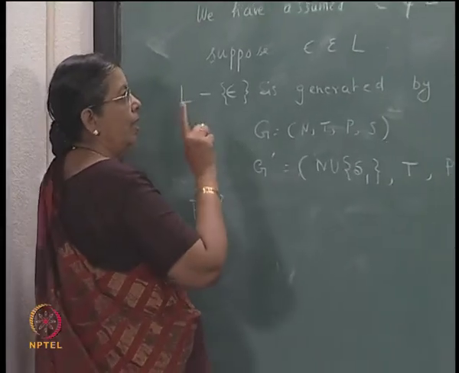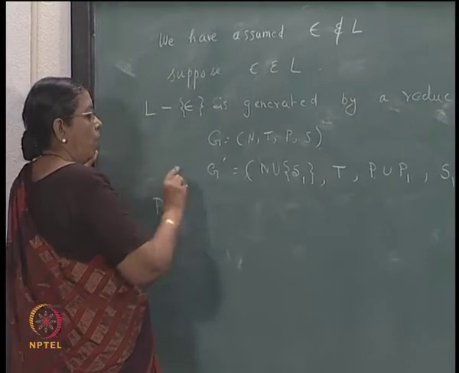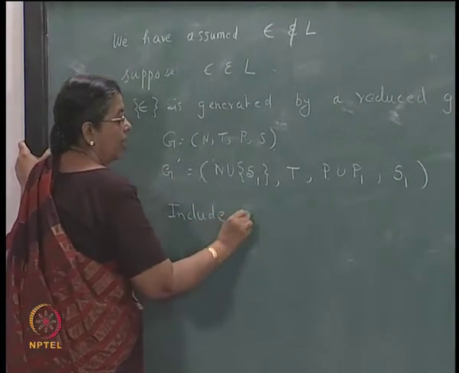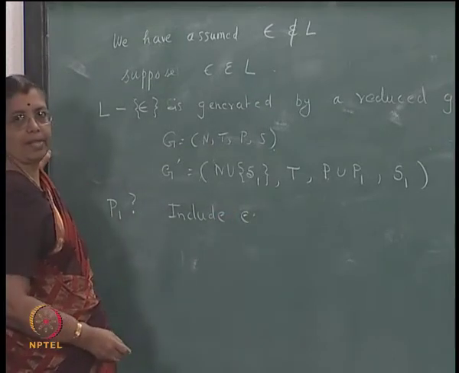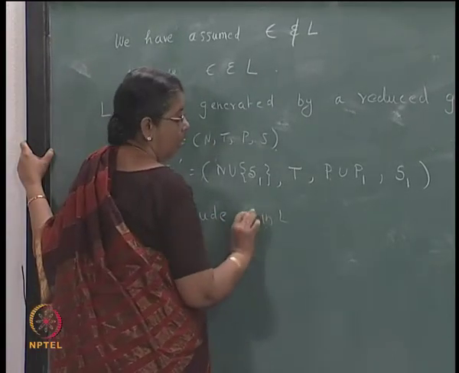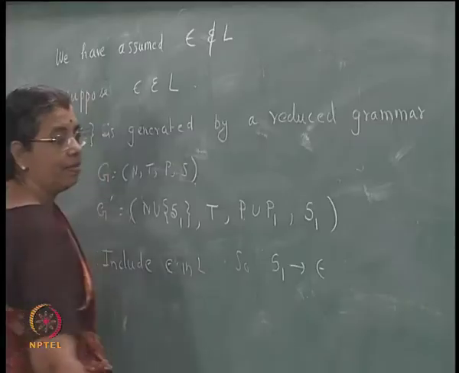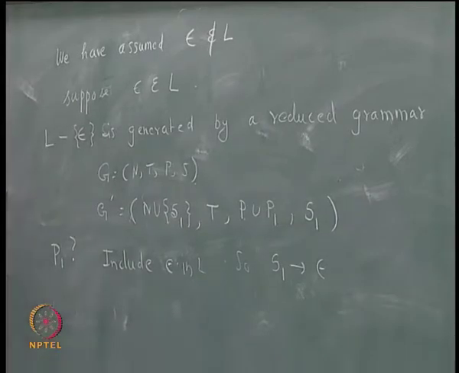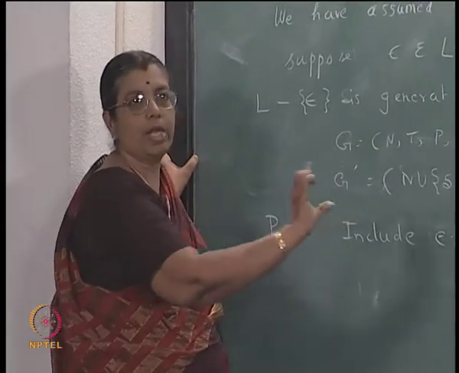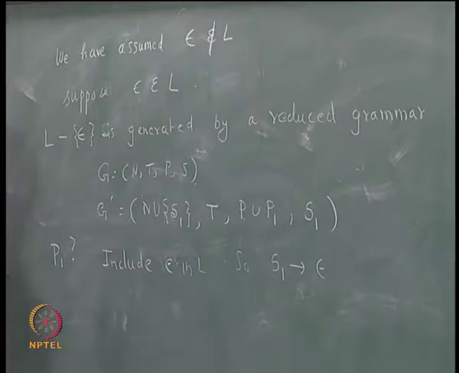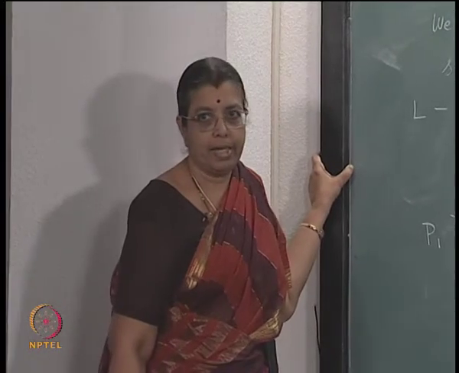First of all, you want to include epsilon in the language. So you have a rule S1 goes to epsilon. If you want to derive epsilon, you will use this rule alone, S1 goes to epsilon, and then derive epsilon. No other steps involved. Other rules will not have epsilon on the right hand side.